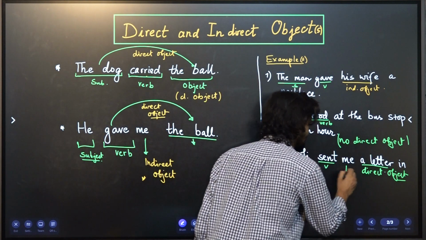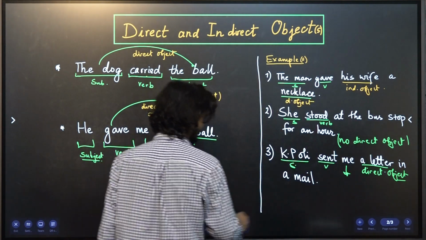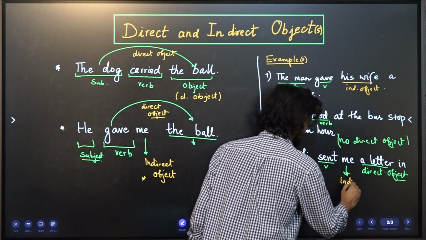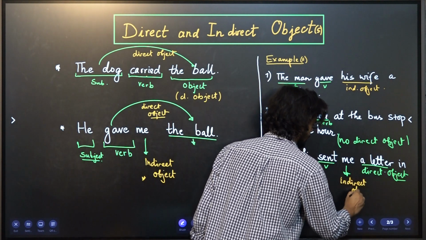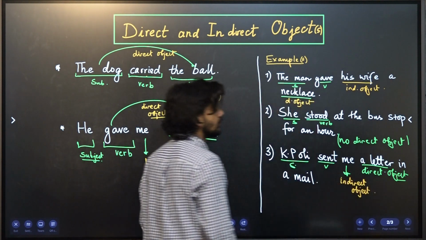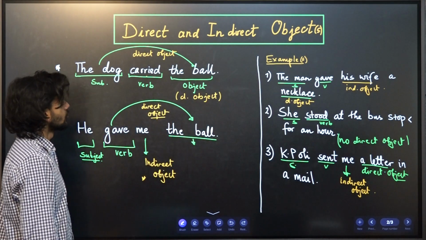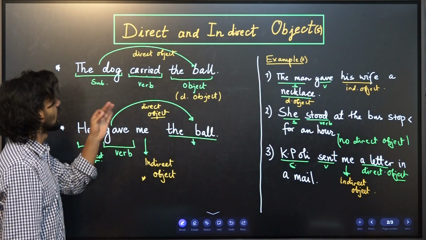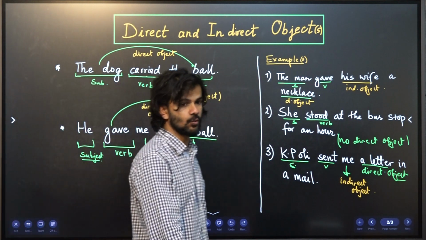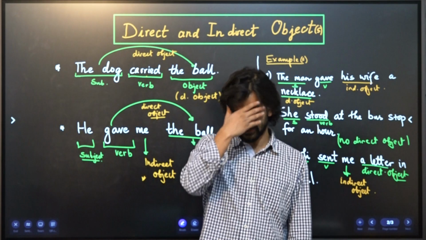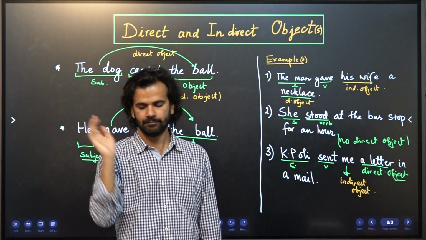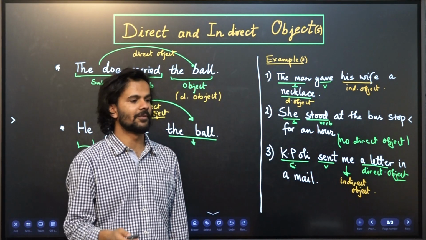Therefore this is the indirect object. Excellent. In a mail, that is a complement, okay, that we will discuss. So this is how you should be able to figure out what a direct object is and what an indirect object is. Okay, all right, have a nice breakfast or tiffin time.